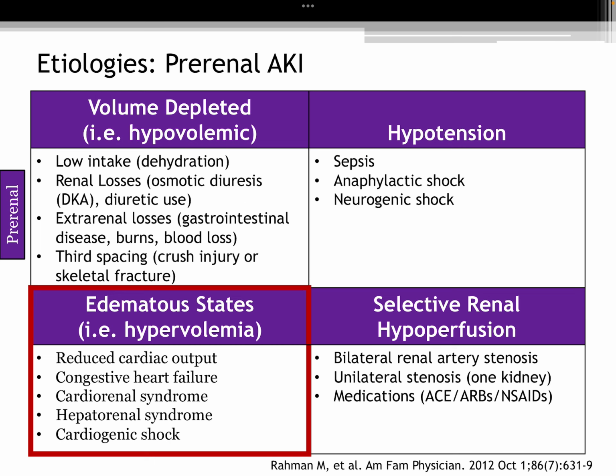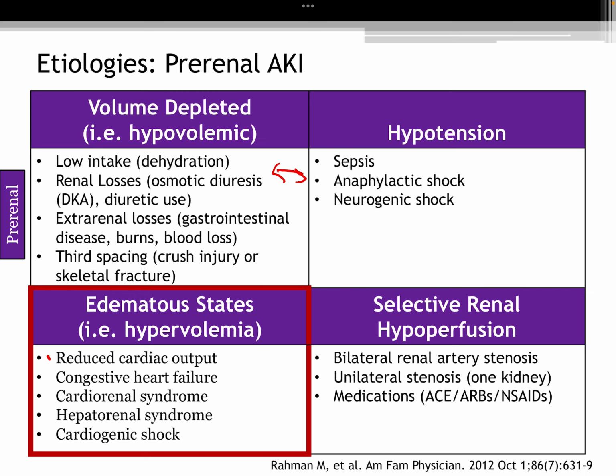Next, we have our edematous states. These are types of hypervolemia. So what happens here is that your heart stops working the appropriate way for some reason, at least in the case of heart failure, or there's just third spacing due to volume overload. It does seem kind of crazy, after talking about giving fluids in these top two, that the treatment here actually would be diuresis.